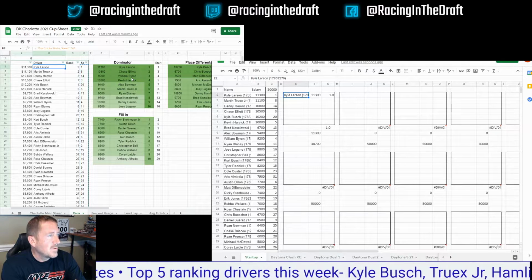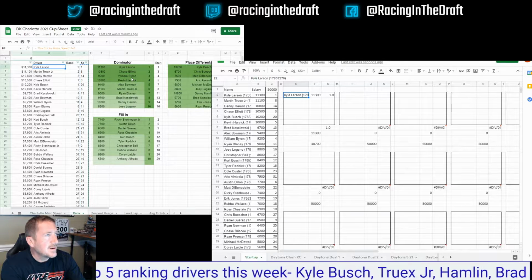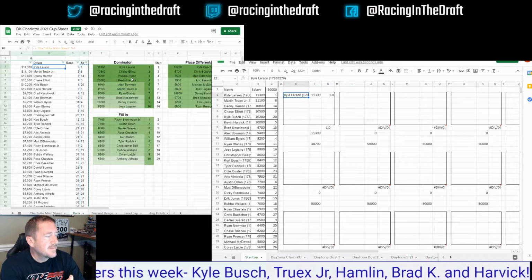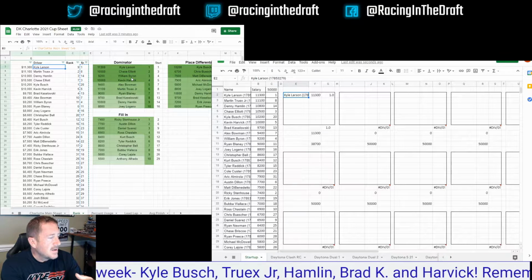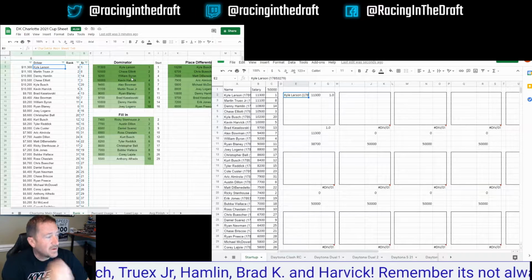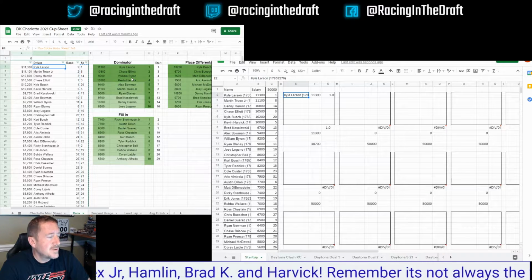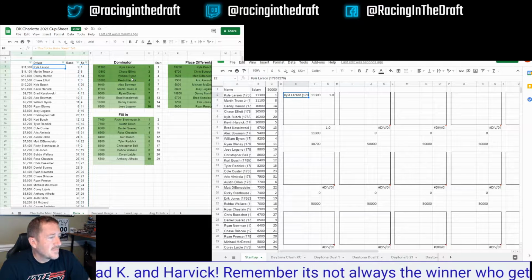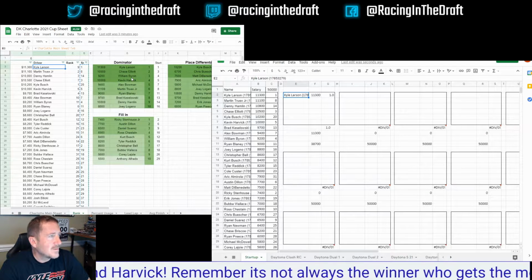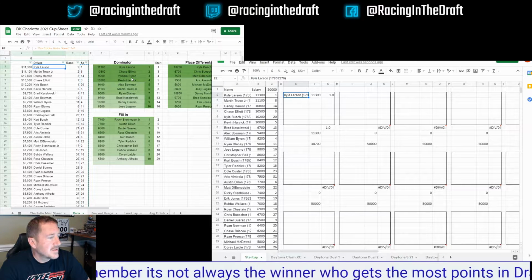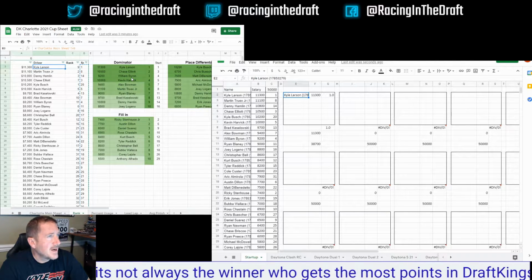Typically, depending on what track and how many dominators or place differential guys I need, this is where I'll start to build that process. In my video, it was 2 to potentially 3 dominators. 3 is going to be a little tough because of pricing, but what I will start with is 2 dominators, then I'll do at least 2 place differential guys, and then I'll take my fill-in guys and fill in the rest.